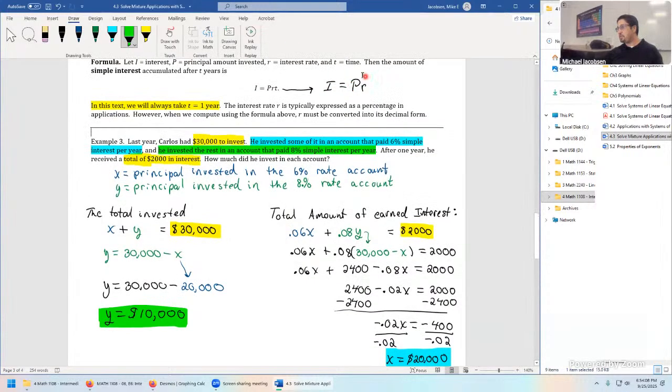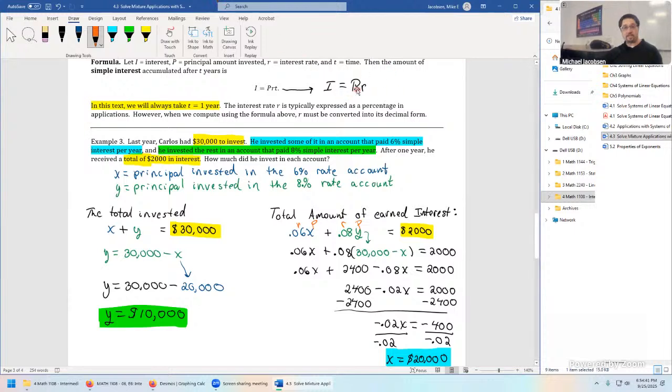Notice the role of interest equals principal times rate, not as heavy as when we did distance equals rate times time. Really, it was all just a matter of putting down the total interest earned. And once you have the variable listed out, we just took 0.06 times x, dropped it in. That was literally just putting in a principal that was x for P, rate was the 0.06, and same for y. y was the principal, 0.08 was the rate.